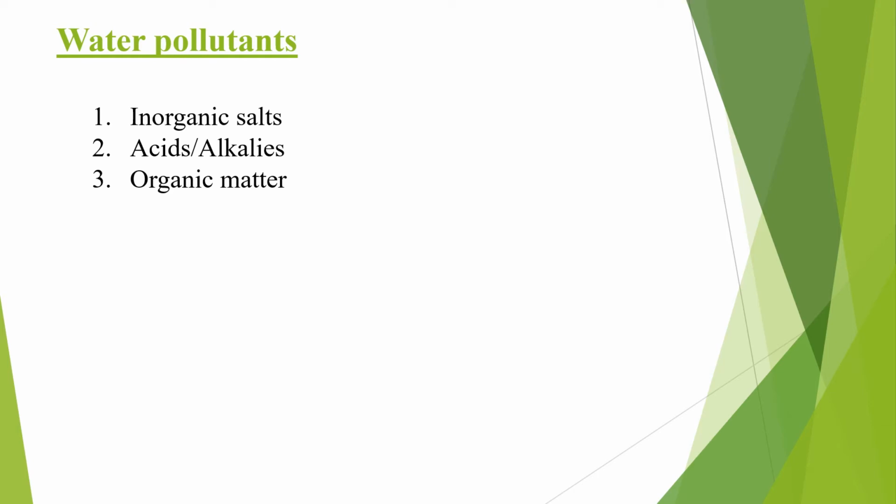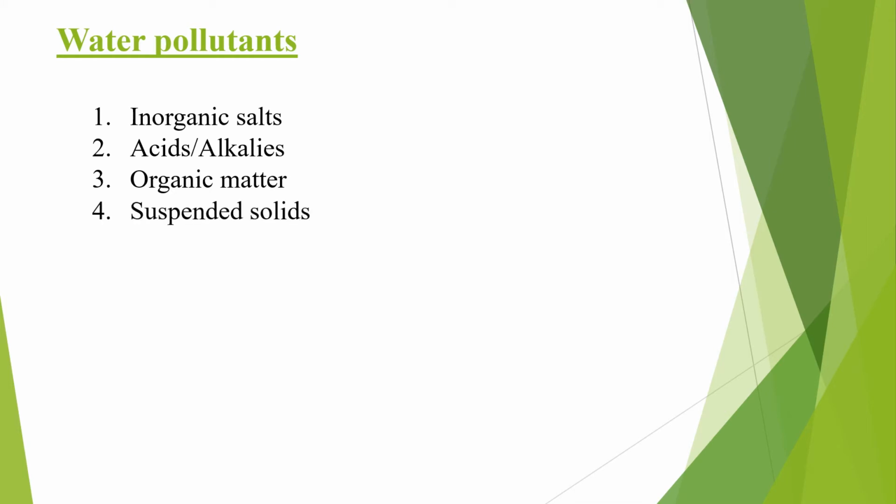During the decomposition of organic pollutants, the dissolved oxygen in the receiving water may be used up at a greater rate than it can be replenished, causing oxygen depletion. The minimum amount of dissolved oxygen in water for aquatic life is 3 to 4 milligram per liter.